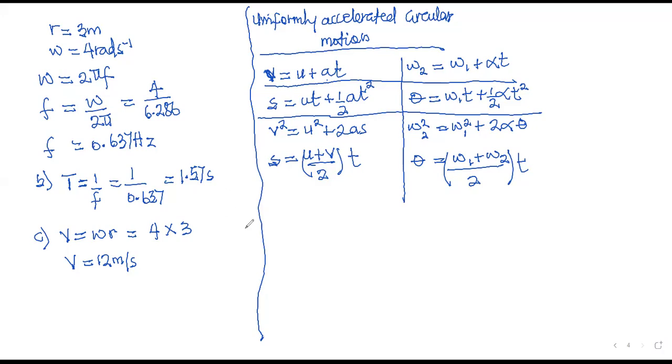Now, in linear motion, usually we are given terms like the body starts from rest. When we are told that the body starts from rest, what does it mean? Anybody to tell us the meaning?